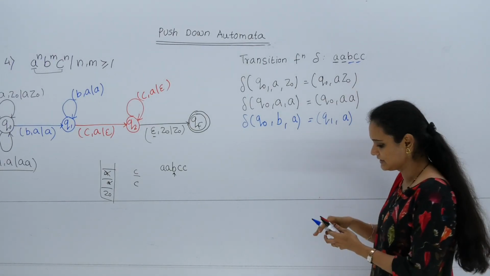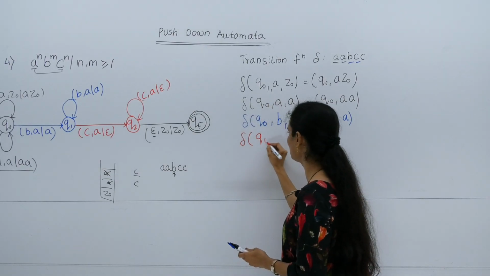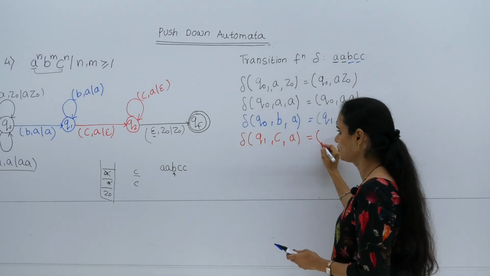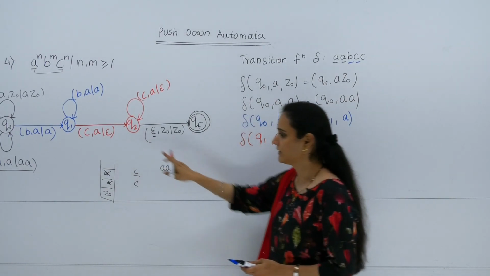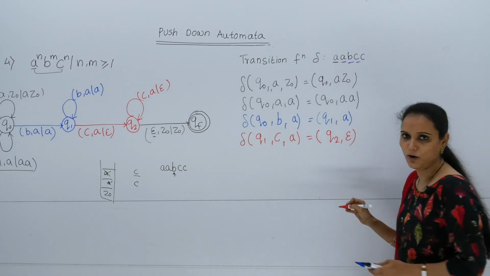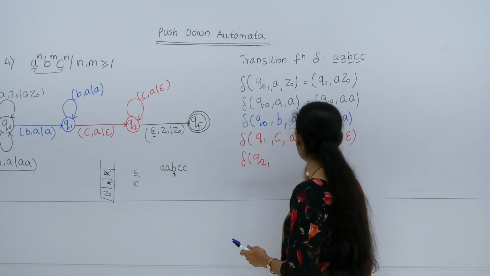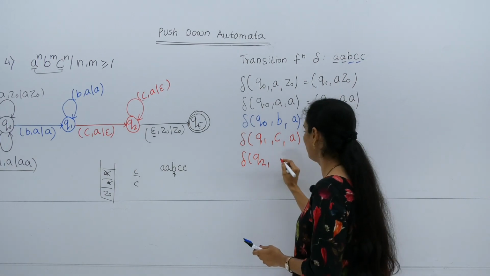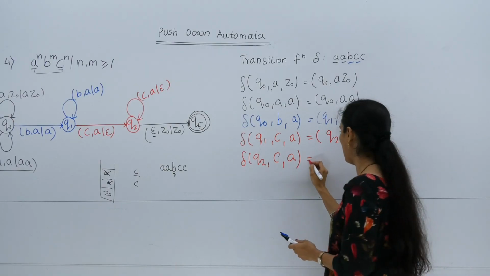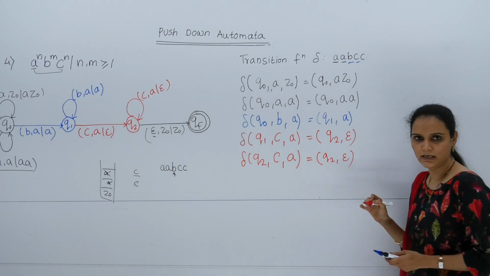Now the next is we obtain the C. Delta: we are at the Q1 state, the symbol to be read is C, top of the stack is A. After reading the first C, it goes to the Q2 state and we perform the pop operation. Next, we are at the Q2 state and we read the second C, top of the stack is still A, and pop operation is performed.